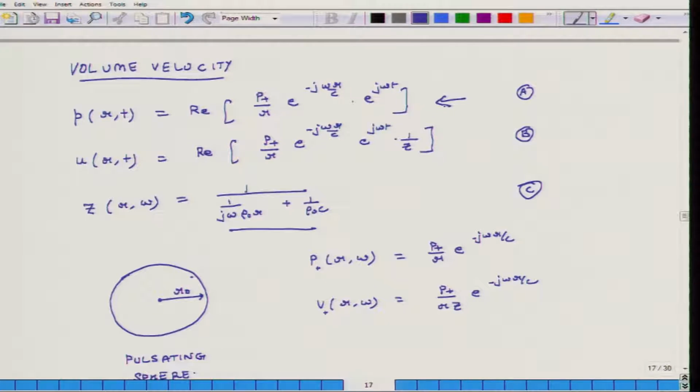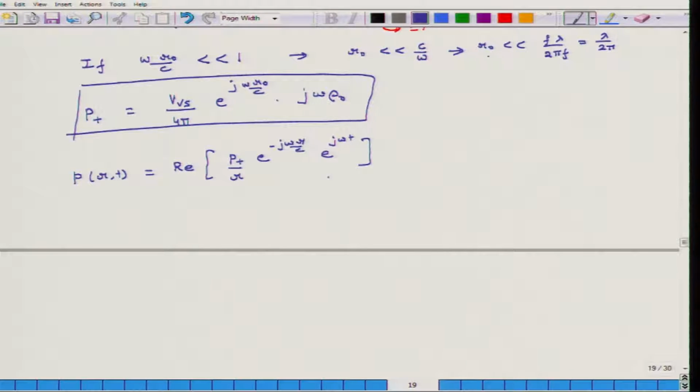Whatever we have done, we have calculated P plus in terms of volume velocity, and we are plugging that relation back into the expression for pressure. So, with that goal, I can write that pressure is real of volume velocity complex amplitude divided by 4 pi e to the j omega r naught over c times j omega rho naught. So, that is my expression for P plus.